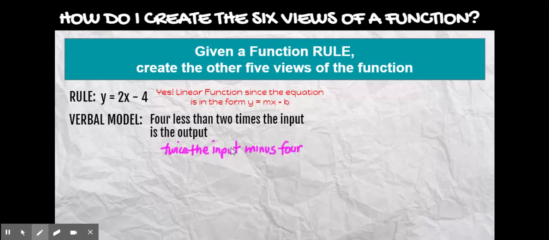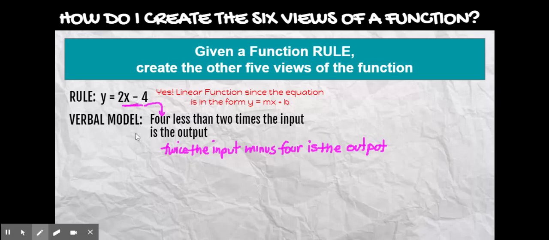We're not using any symbols, so 4 needs to be in letters. Twice the input minus 4 is the output. This, again, is an acceptable verbal model. There's no one way fits all when it comes to a verbal model. You just need to make sure that the rule and the symbols and operations match what you're stating in the verbal model. Okay, you can't change that.